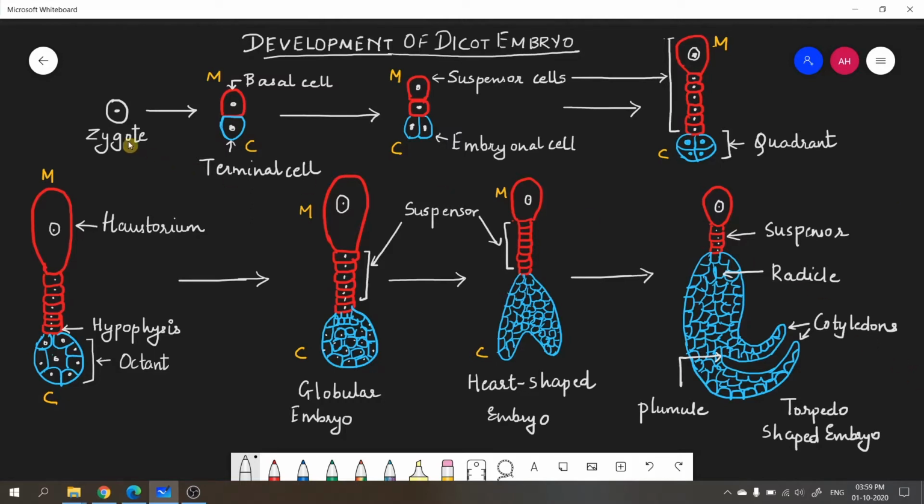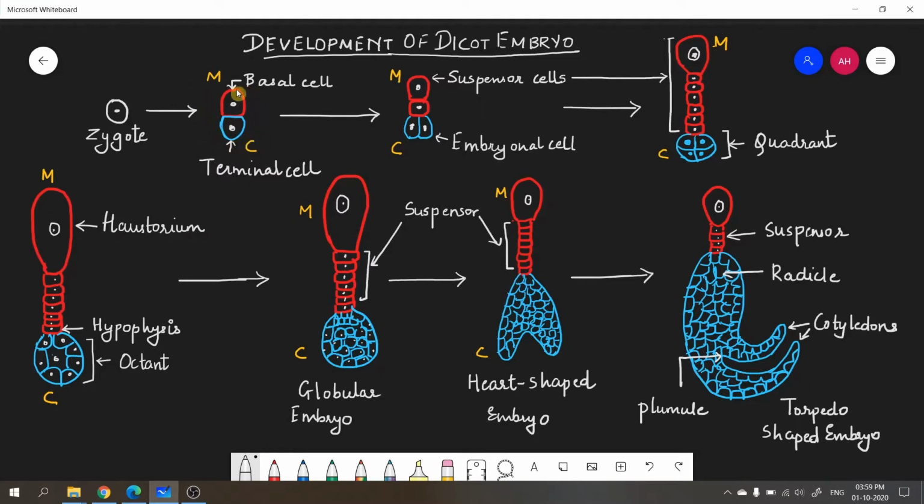So starting with the zygote first, as we all know, in the process of double fertilization a zygote is formed, and this zygote then starts dividing, and here you can see I have shown two cells that are formed after the division. Now this stage is called a proembryo.